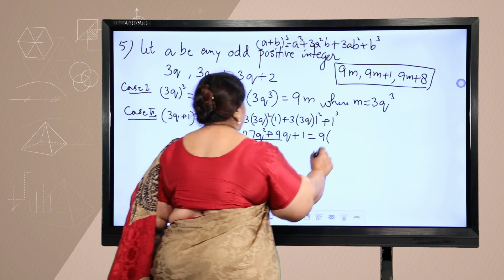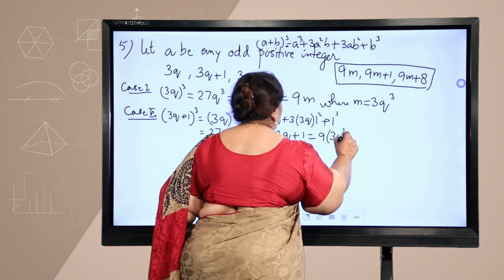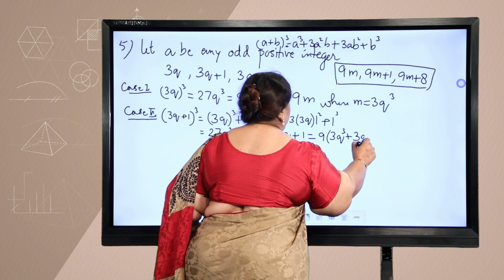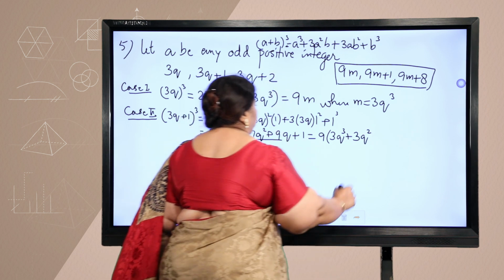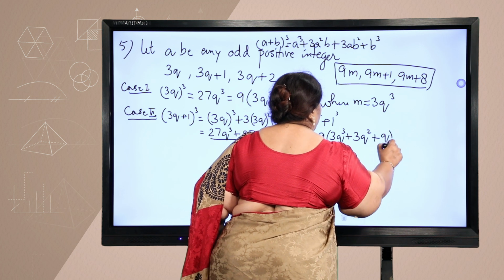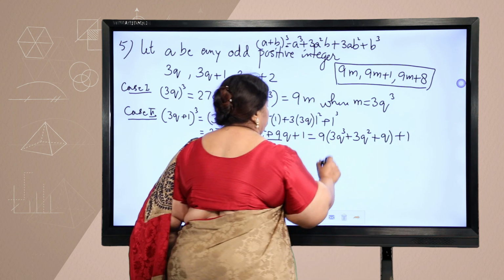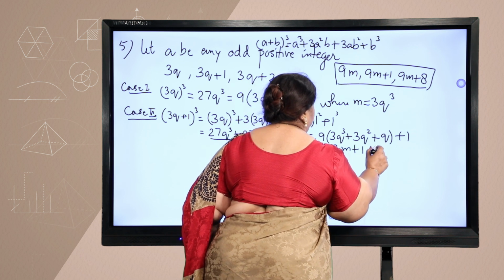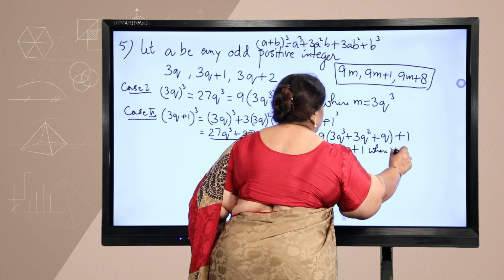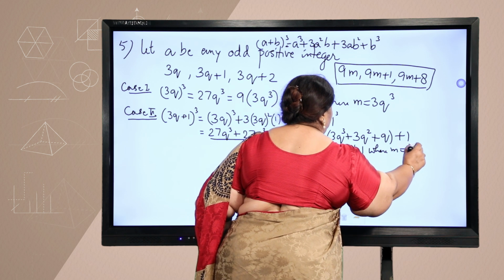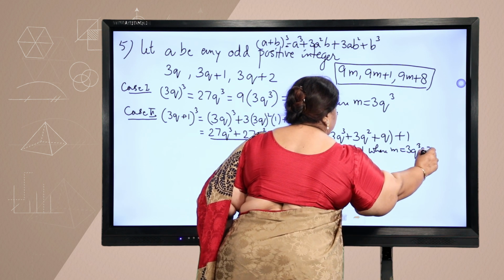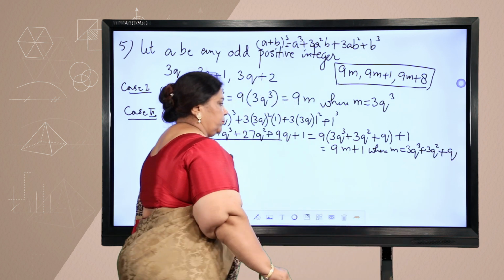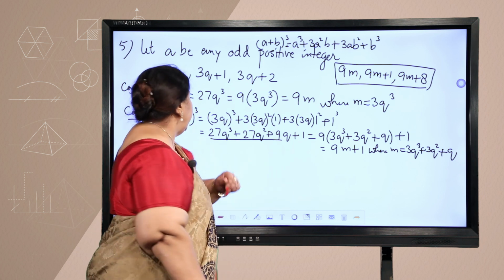We will have 3q cube plus 3q square plus q plus 1. Yes, I could express in the form 9m plus 1, where m is equal to 3q cube plus 3q square plus q.